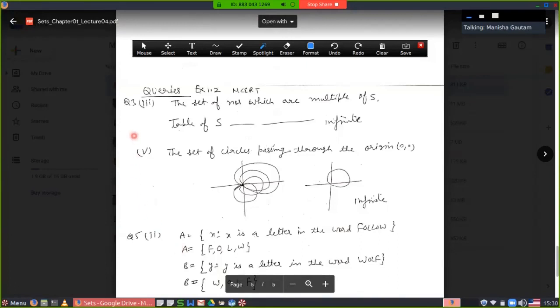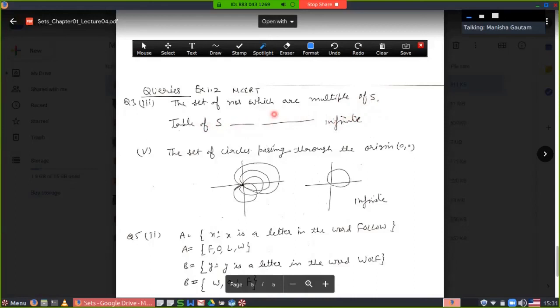Here's a question, third part in exercise 1.2. The set of numbers which are multiples of 5. You asked whether it is an infinite set or not. I think you can write the table of 5 up to what? 5, 10, 15, 20, and so on. So on means what? Up to infinity.